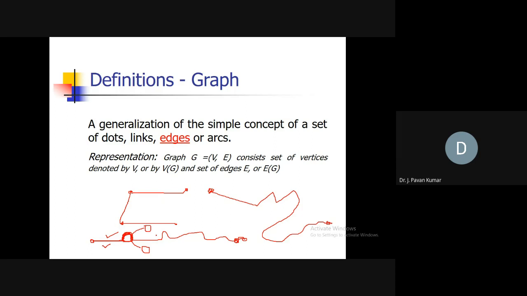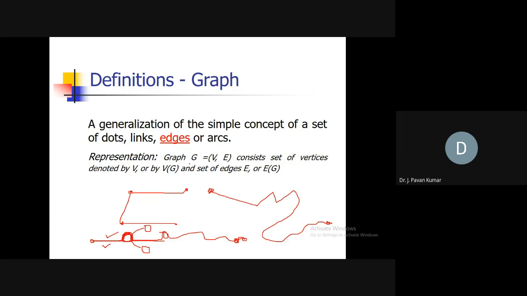Out of these, which one to choose has to be decided based on some criteria. For this also we can make use of graphs. We can consider this entire thing as a graph, where we have to move from one node to another node, reaching it within less time or less distance. Like that we can have several applications for graphs.